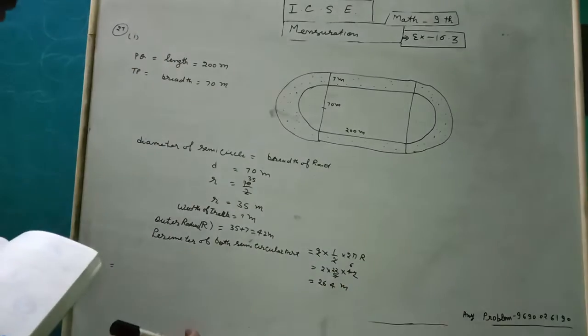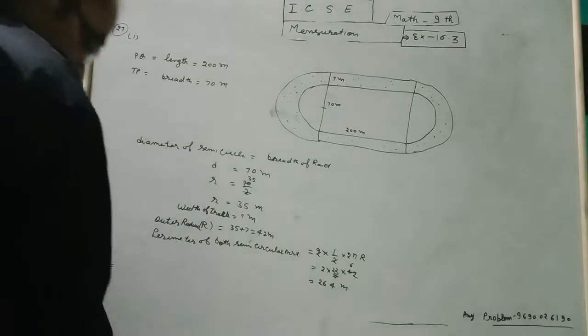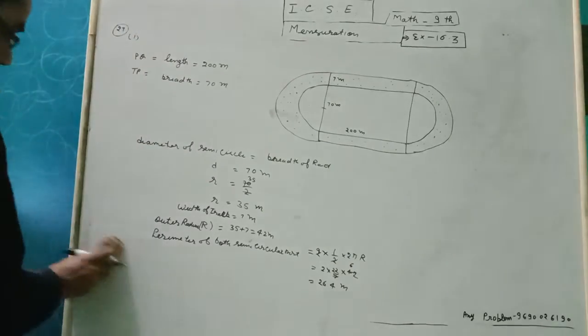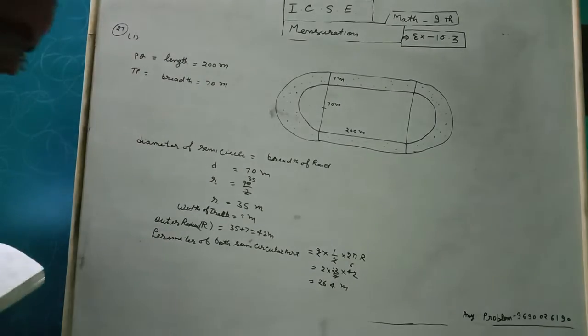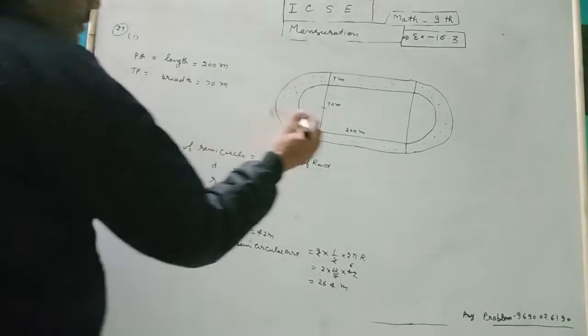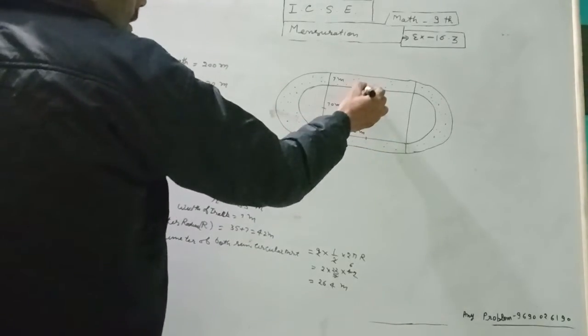That is the perimeter of the circular part is 264 meter, and the rectangular part is 200 plus 200.